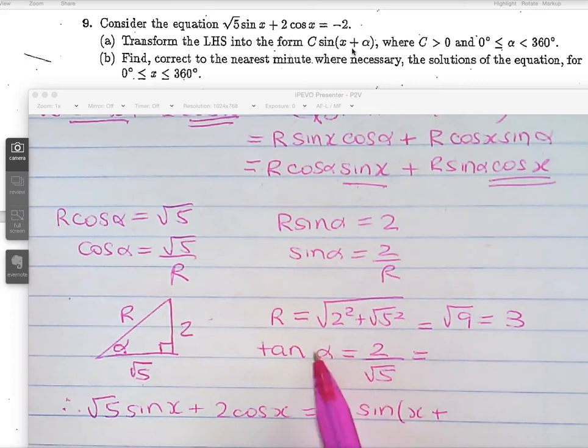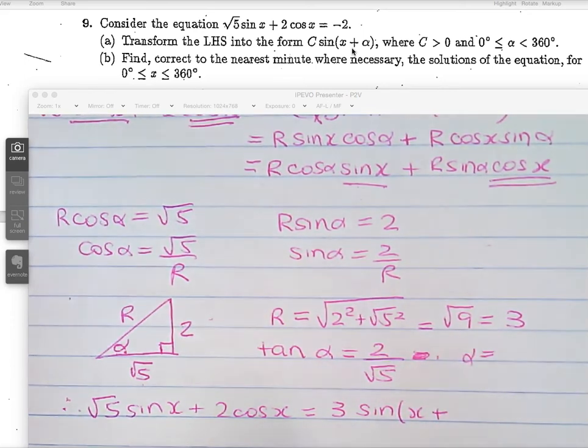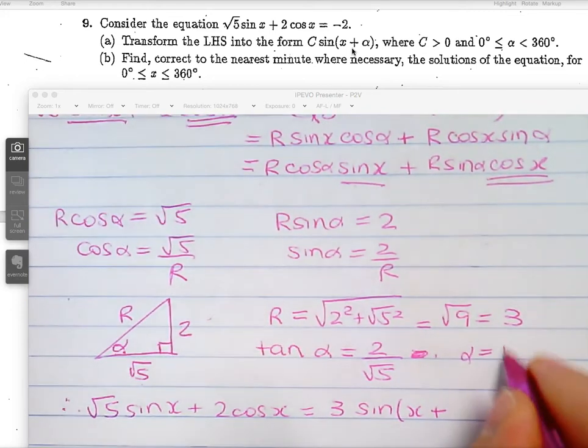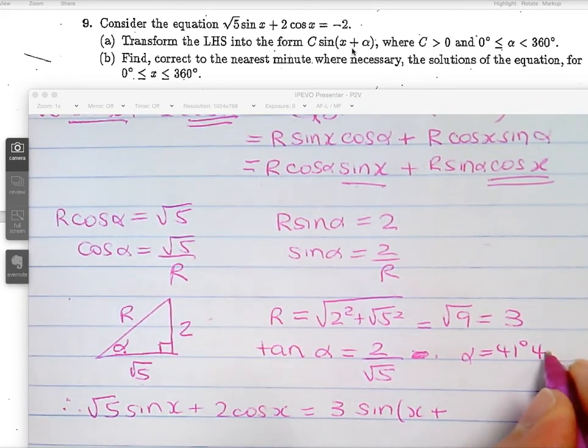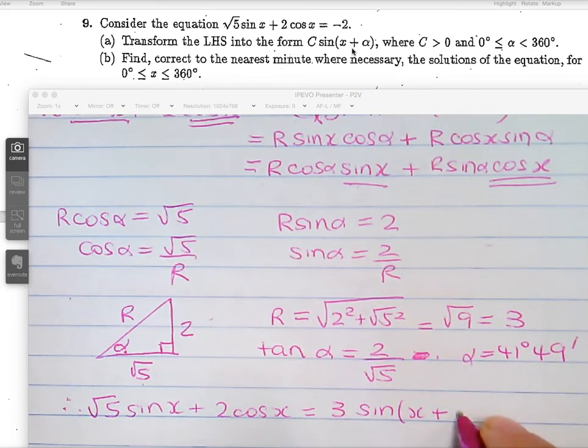This angle. So therefore, alpha is? 41 degrees, 48. And how many seconds? 37. That's over halfway. It's 49. Plus 41 degrees, 49 minutes.